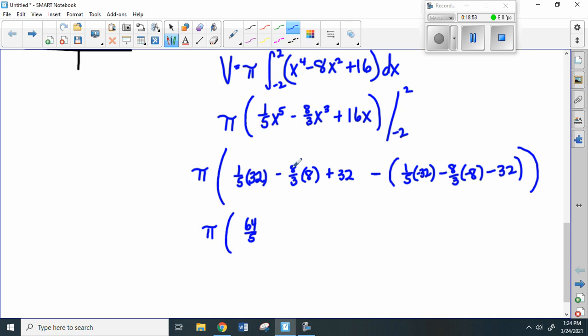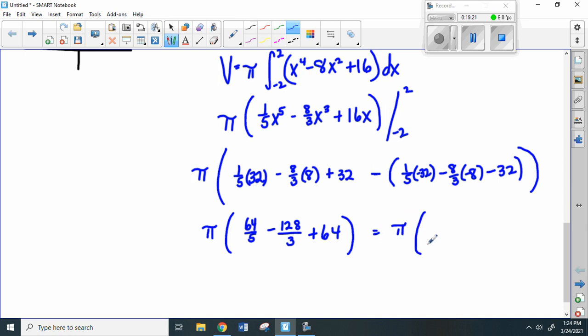All right, this is -64/3, and when I distribute, I get another -64/3, which gives me a -128/3. And then I've got a 32 minus a -32, which makes a +64. All right, then I will have to worry about getting common denominators. And so that's where I know the common denominator.